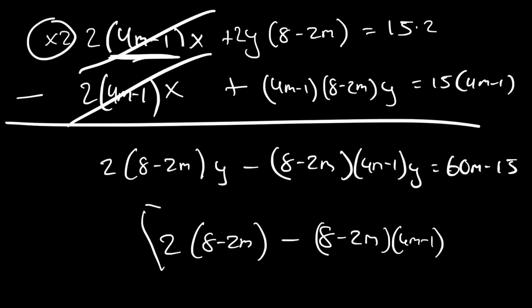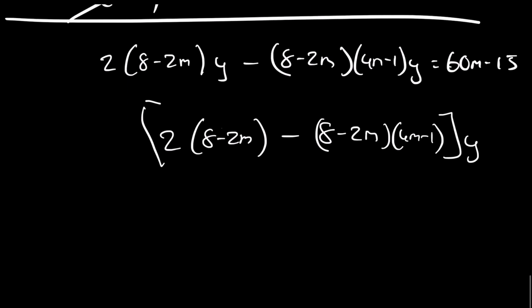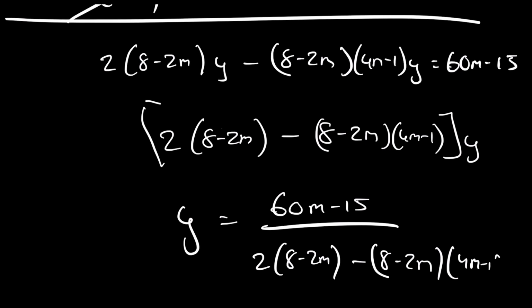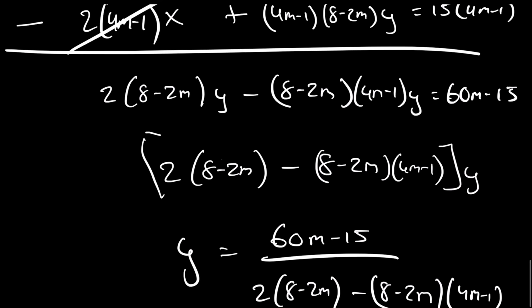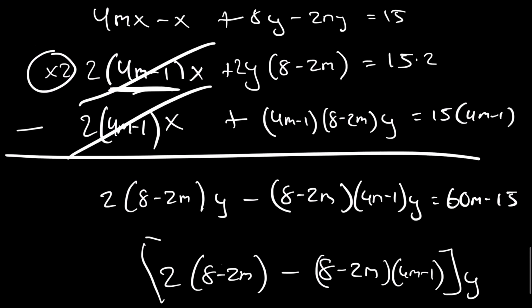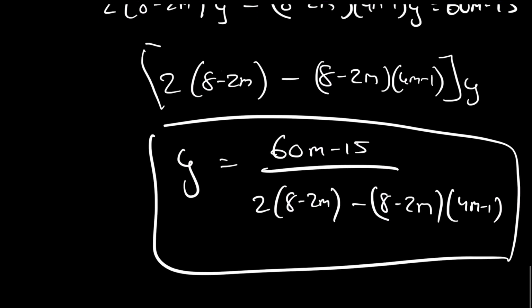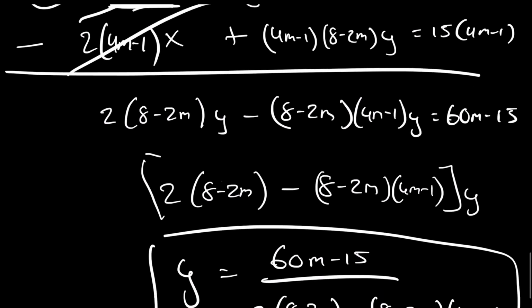And this is all part of y. This now means that y equals 60m minus 15 divided by 2, 8 minus 2m, minus 8 minus 2m, 4m minus 1. Guys, this is probably one of the hardest questions you will get because you have to do so much manipulation with algebra. But that is it. That is systems of equations, basically. Thank you.